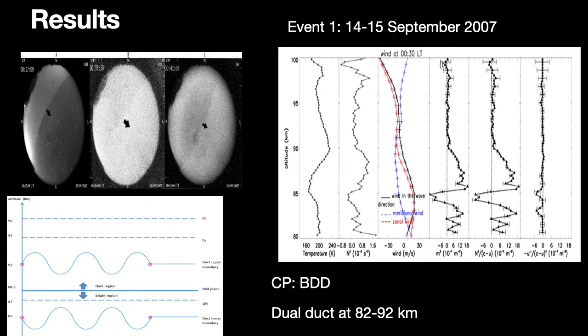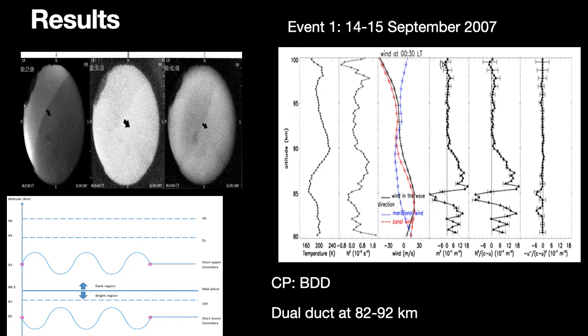As results, we have here the first case study on 14 September 2007, where we can see in the airglow images a complementary pattern. The first front is bright, the second image, which is the O2, is dark, and the third one, which corresponds to OI 5577, is dark.